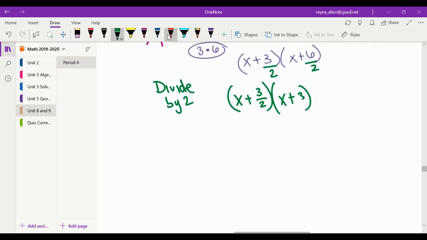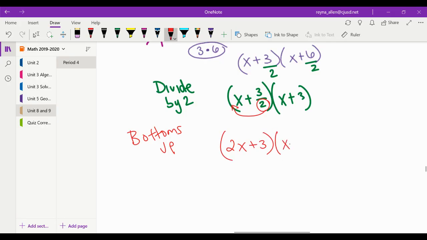And then last step, bottoms up. Take the denominator, move it in front of your x, and that becomes 2x plus 3. x plus 3.